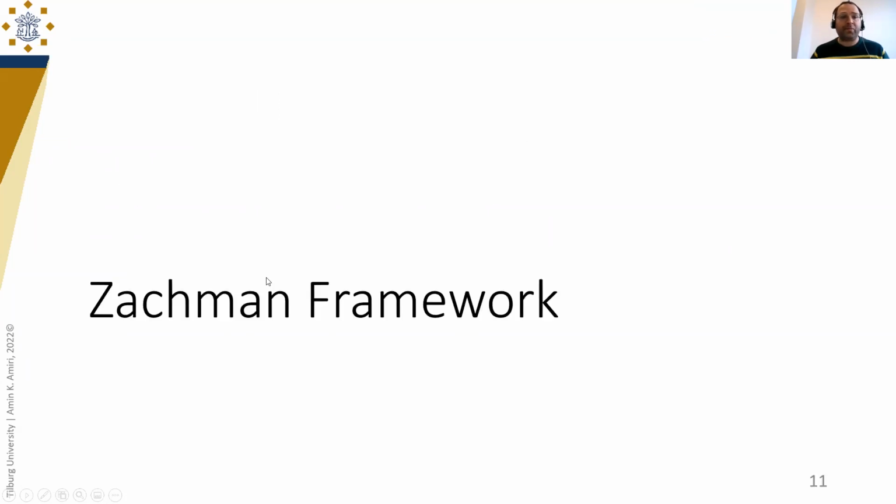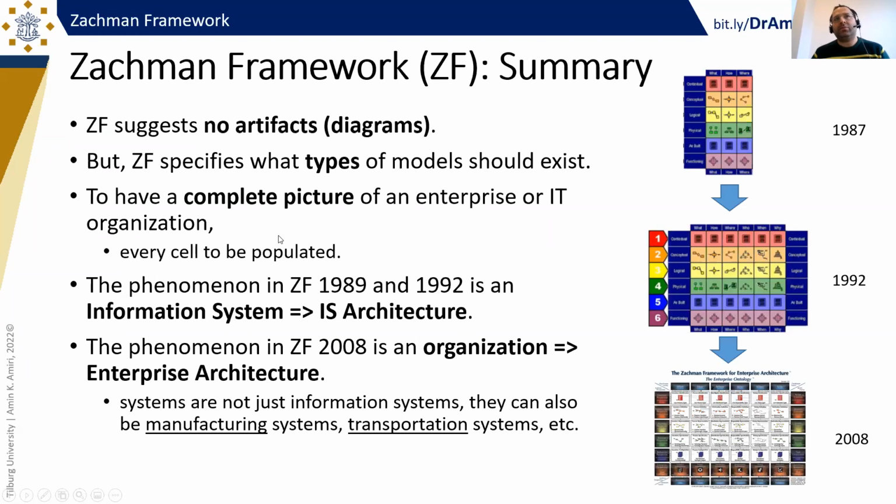Okay, what is the Zachman framework now? First off, you need to know that Zachman doesn't suggest any diagrams. It just suggests what types of diagrams and models you should create so that you have a complete picture of an organization and its information technology.